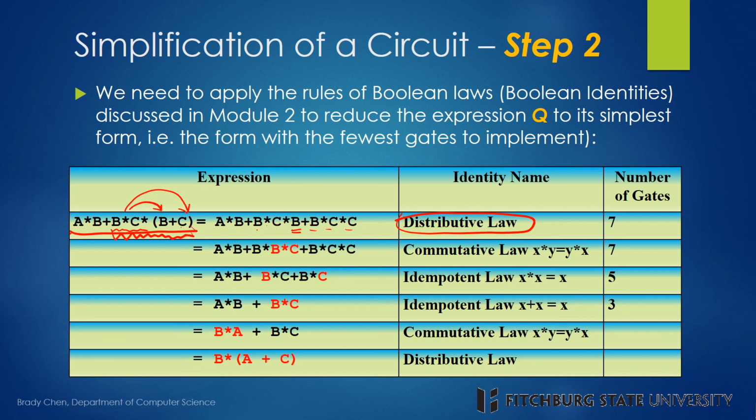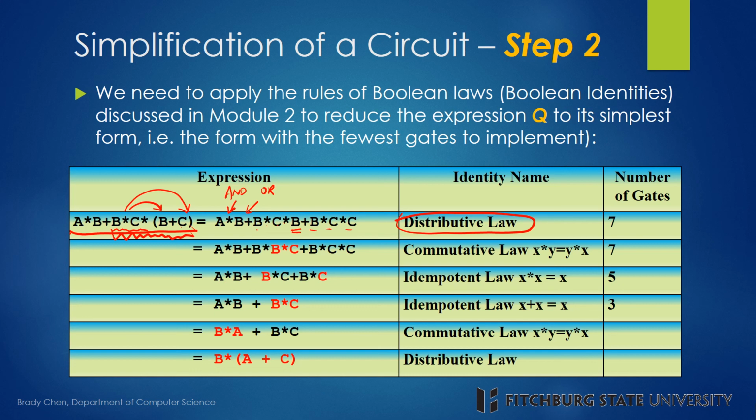Now, I also count the number of gates in each of the expressions, because each operator, in this case that's the AND operator, that's the OR operator, each operator eventually corresponds to a gate.